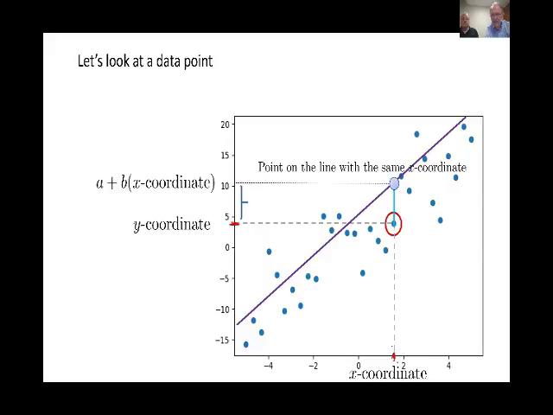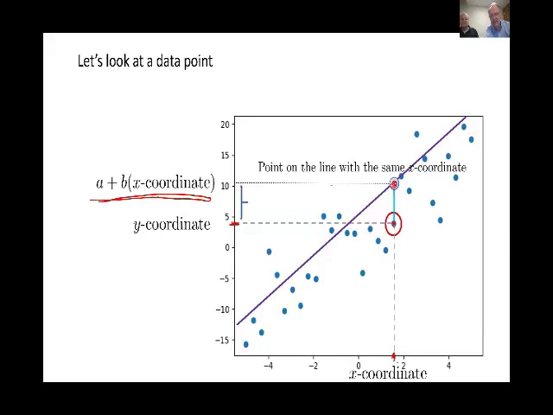My line also has this form, y equal to a plus bx. So if I take the x-coordinate, then there is a corresponding point on the line whose y-coordinate is given by this. And so I can simply measure the distance from the data point to the point on the line by looking at the difference between the two y-coordinates.